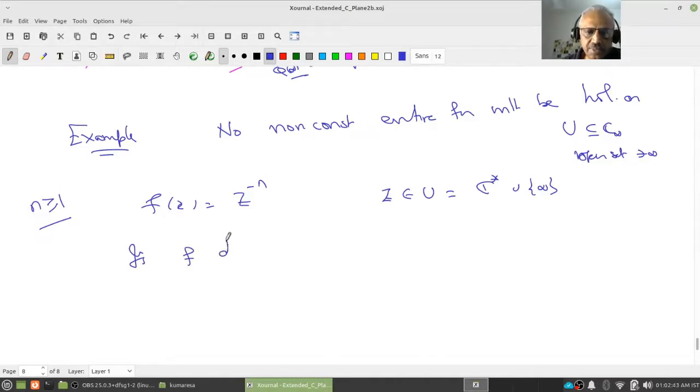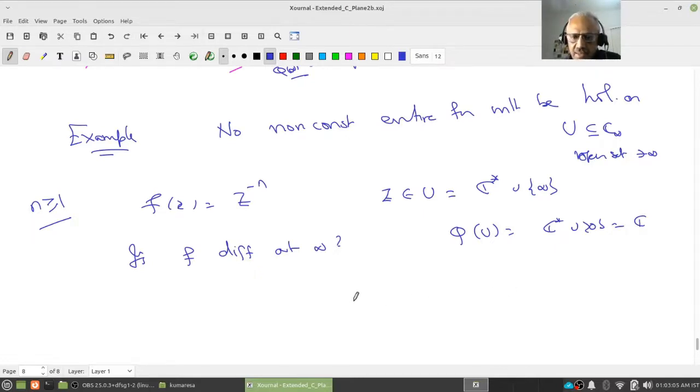Is f differentiable at infinity? How do I know that? Let's look at what I should do. Where does it go to? Phi of U, what will it be? C star will remain C star, union infinity will go to 0. Therefore, it is actually C.